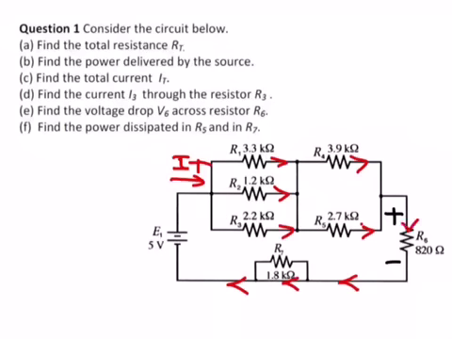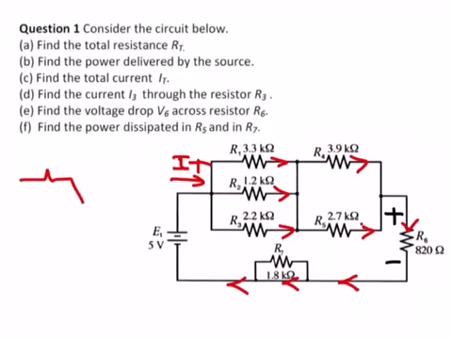So these three points here, this one, and this one, it should be clear that they are only one node. Why? Because they are connected by a short circuit. They have the same voltage. They are represented in the circuit as just one point. So these resistances, I can simply draw them in this way, without any problem.